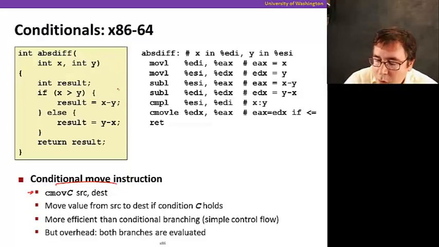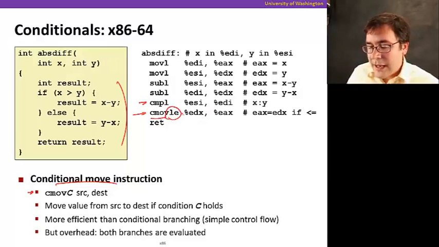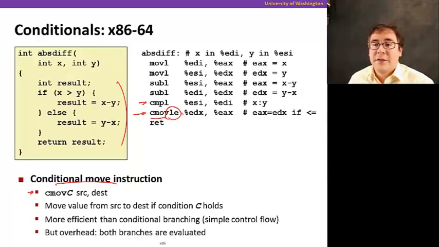So that means we can rewrite this code in a way that we perform the comparison, and depending on the result of the comparison, we do a move. So we do a move if less than or equal. Essentially, we only move the value from EDX to EAX if the condition is satisfied. So we can implement exactly what we just showed in the previous slide without any branches. We do the two subtractions here.